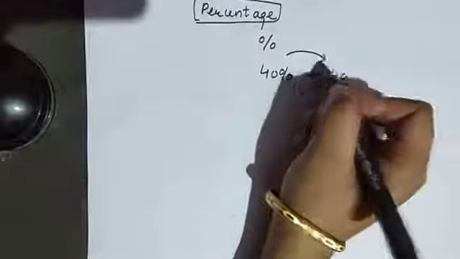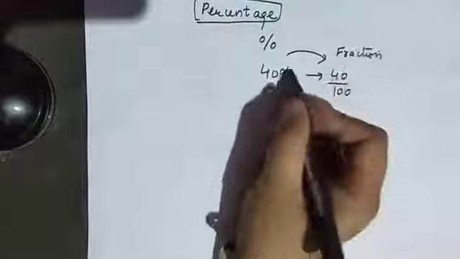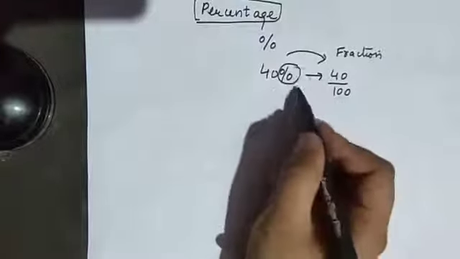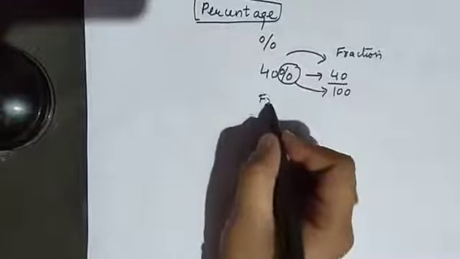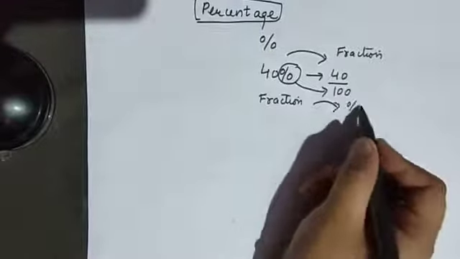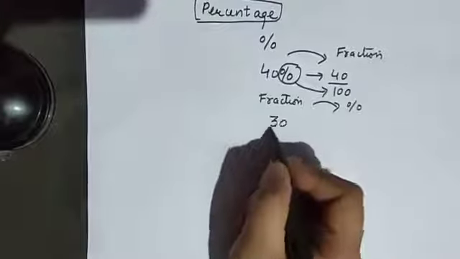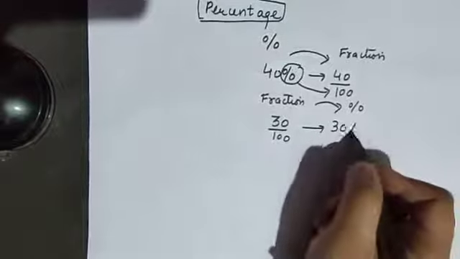If you are converting your percentage into a fraction, you have to change the percent sign into denominator 100. And if you have to change your fraction to a percentage, then if 30 by 100 is written, you can write it as 30%.